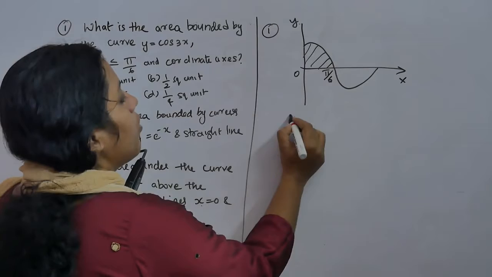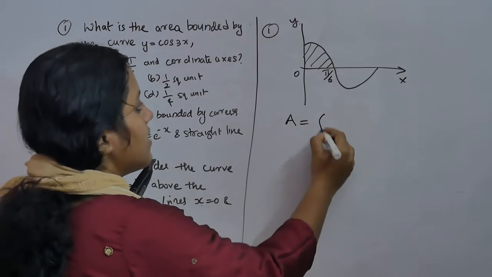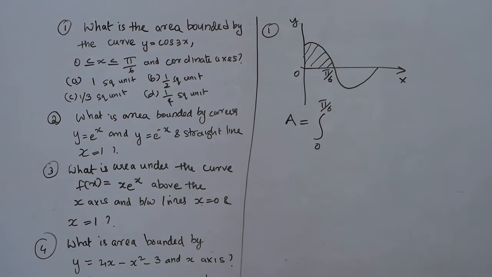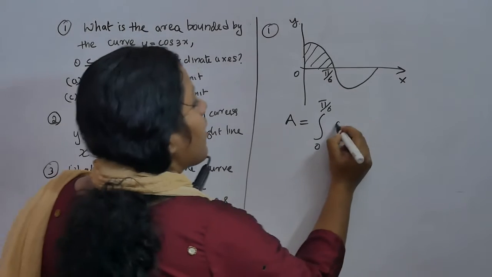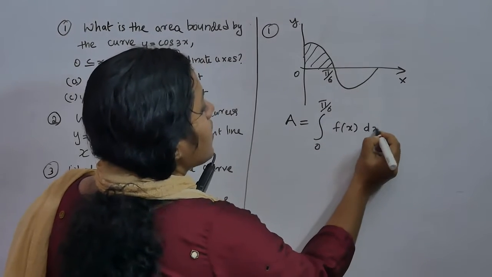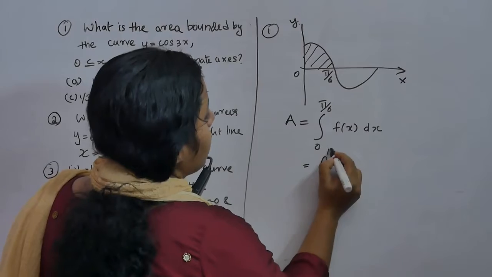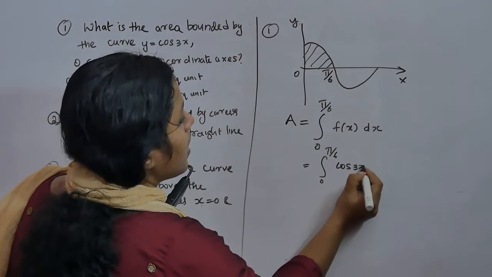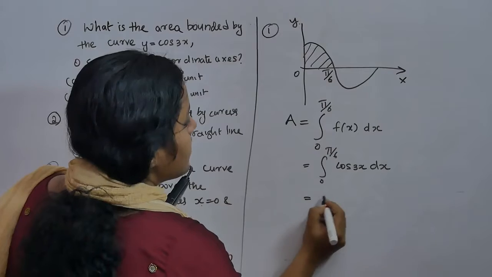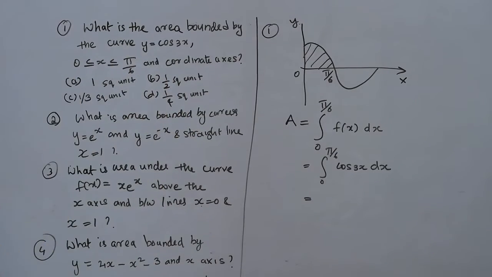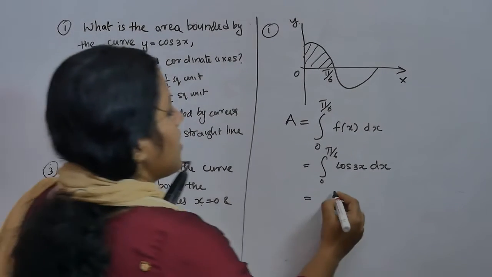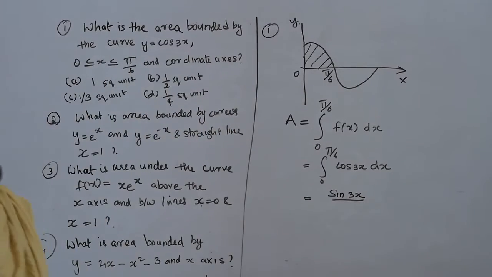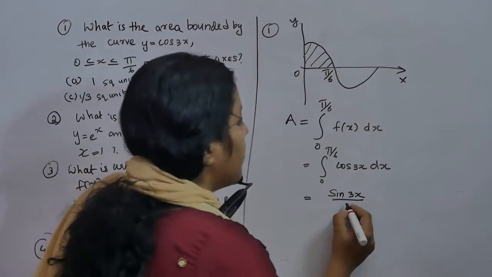Just do integrals, that is integral 0 to pi by 6 f of x dx. So integral 0 to pi by 6, f of x means cos 3x dx. What is the integration of cos 3x? Sin 3x divided by 3.